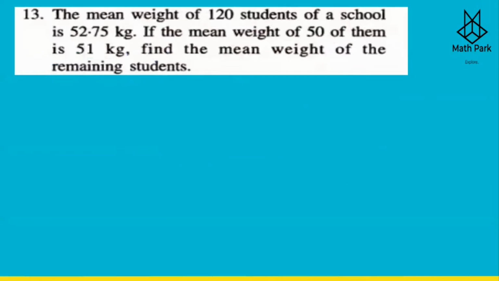Question number 13, the mean weight of 120 students of a school is 52.75 kg. If the mean weight of 50 of them is 51 kg, find the mean weight of the remaining students. So again we write the steps. Mean weight of 120 students is equal to 52.75 kg.